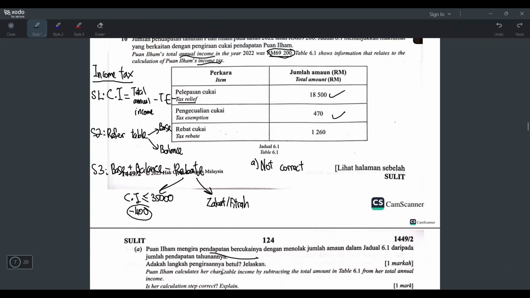So why? Because Puan Ilham tak perlu tolak rebate cukai.